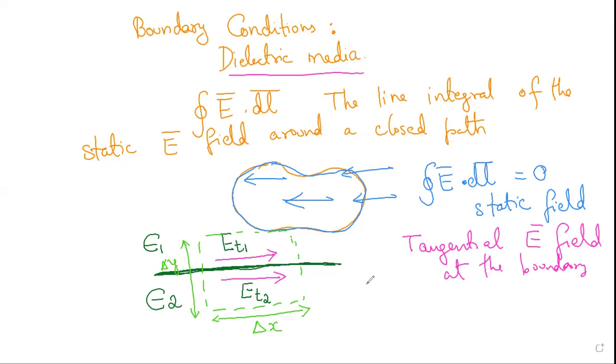Now, I am looking at applying E dot dl. What am I applying? E dot dl, in this dotted loop. Is this a closed loop? Yes or no?